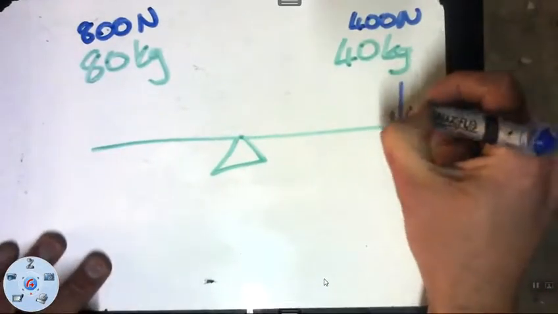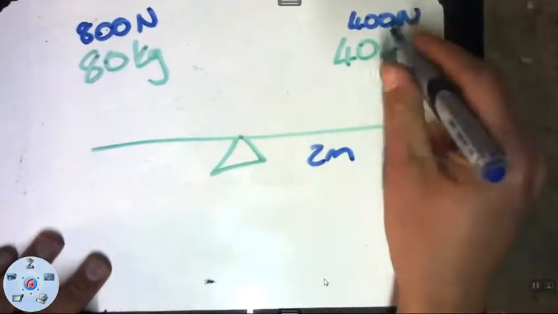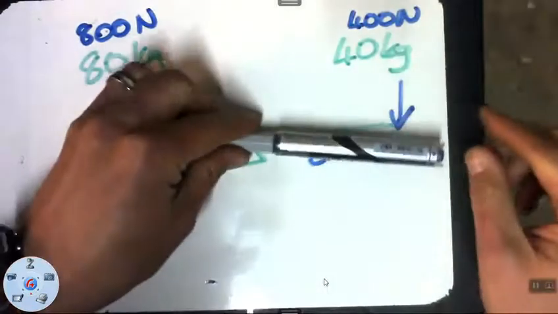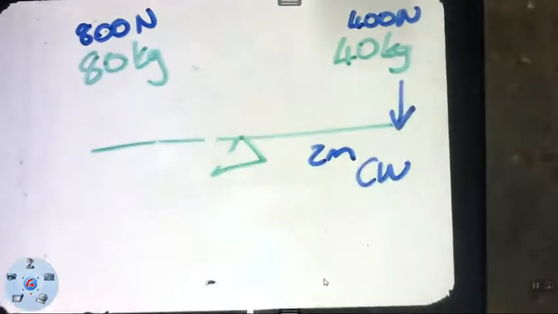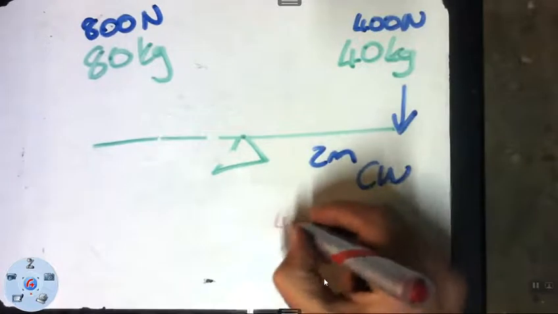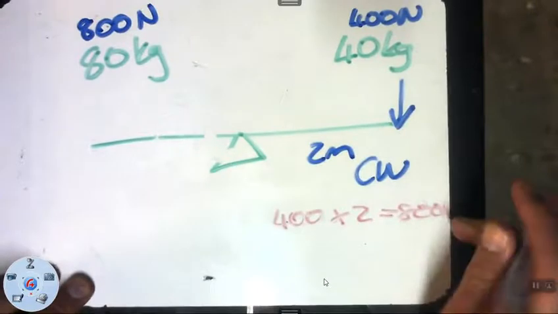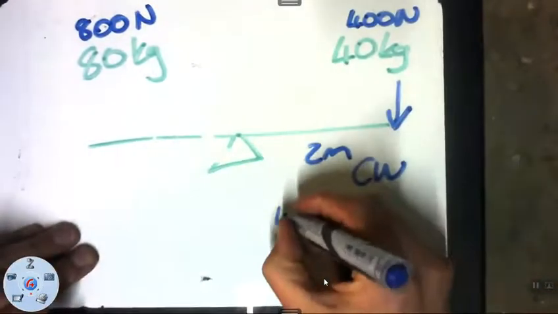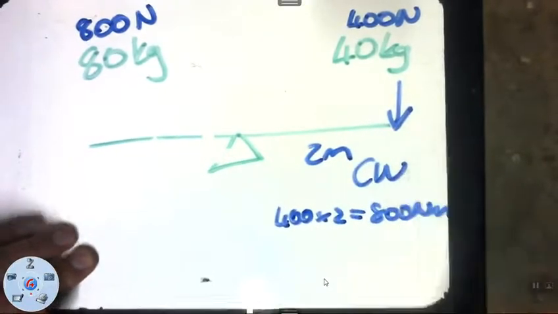Now, if I put that child here 2 meters away, and it pushes down in a clockwise direction, how do I know it's clockwise? Put my pen there. So this is going to be clockwise, CW. So 400 times 2 gives me 800 Newton meters, and 800 is what I need to balance it.